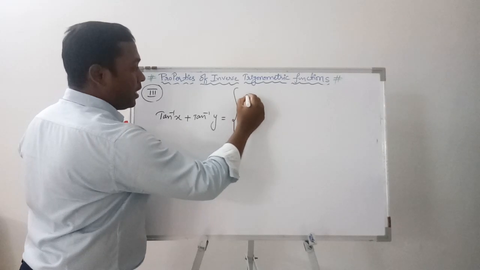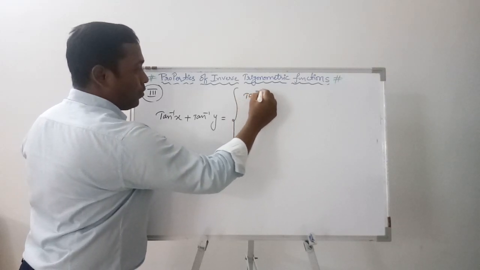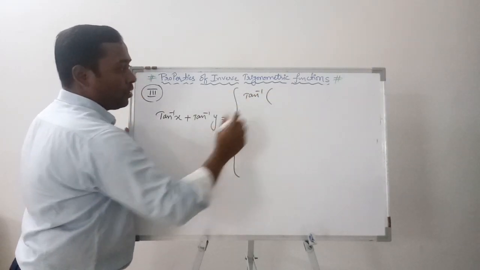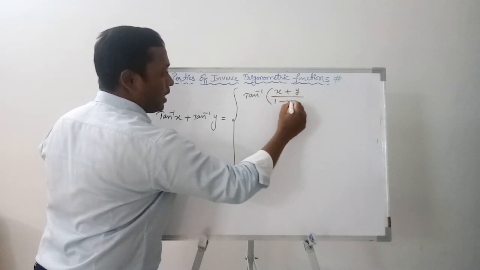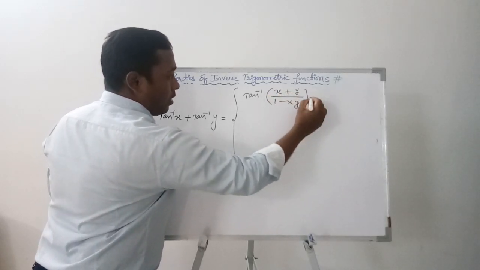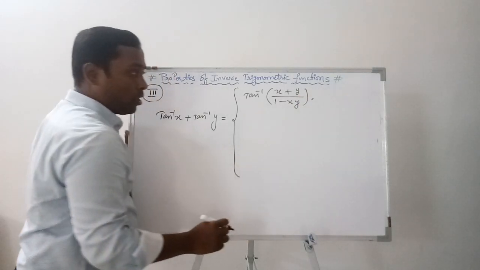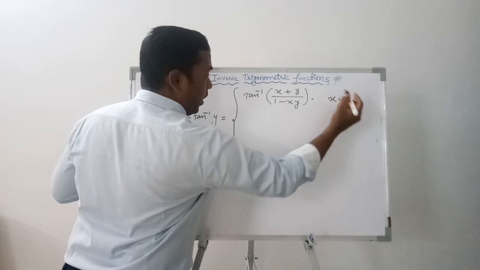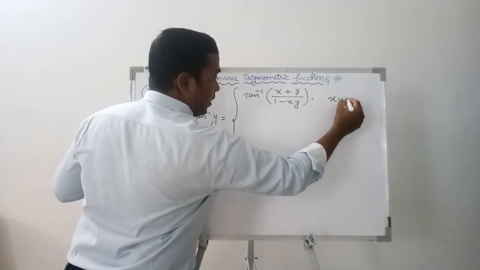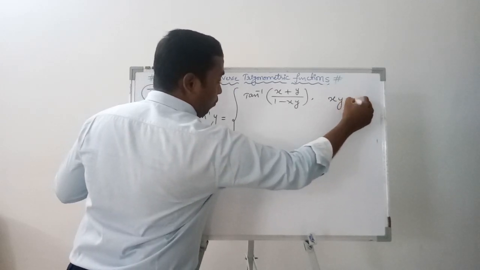Now it is simply reduced to tan inverse of a single t ratio, x plus y upon 1 minus xy, right? It will work only when the product of these two values is less than 1.